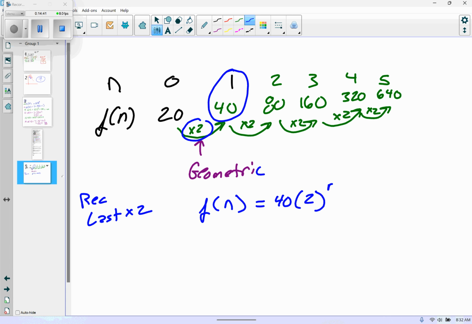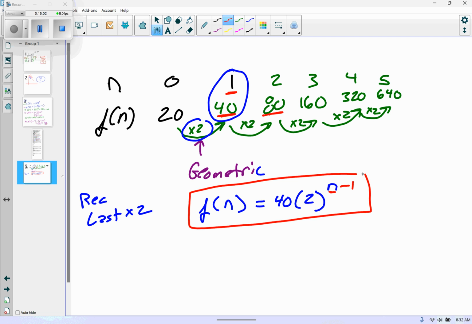I'm going to raise 2 to the n power. Now let's see if we can get this 40 by plugging in this 1. 2 to the first power, if I plug 1 in there, is 2. 2 times 40 is 80, so I get that. So this is one of those where I want to make sure I subtract 1 on the exponent. And that's my function.